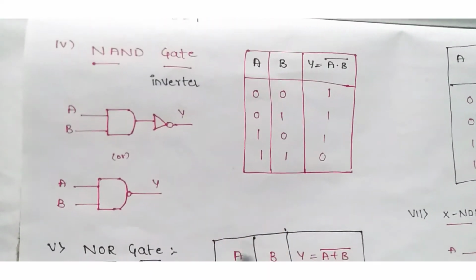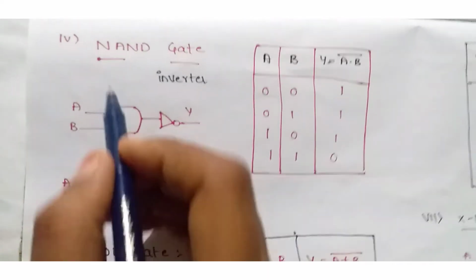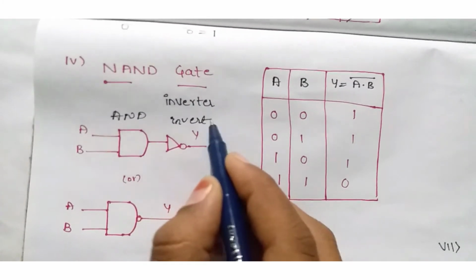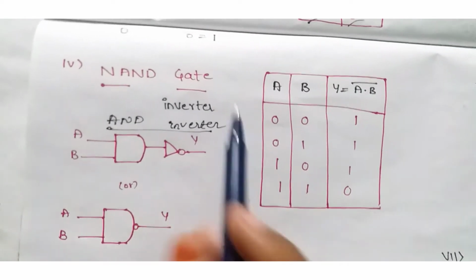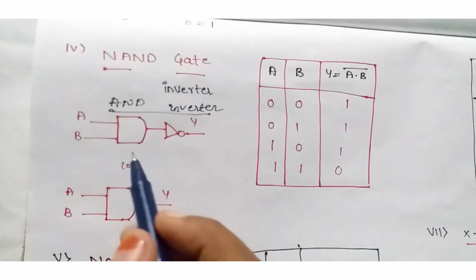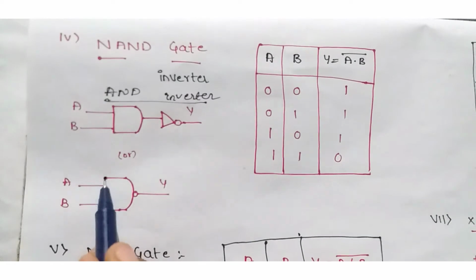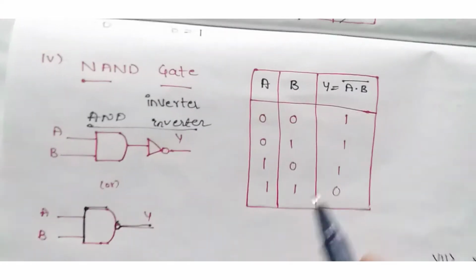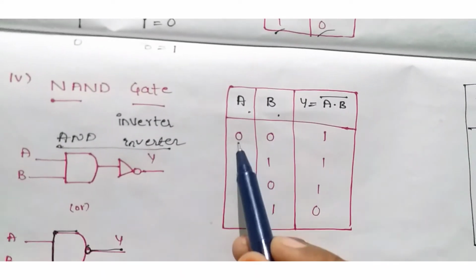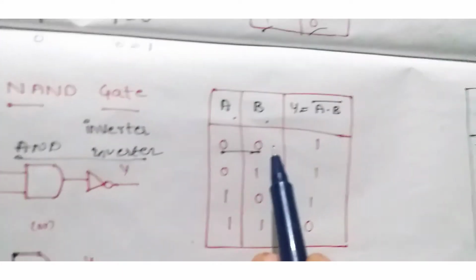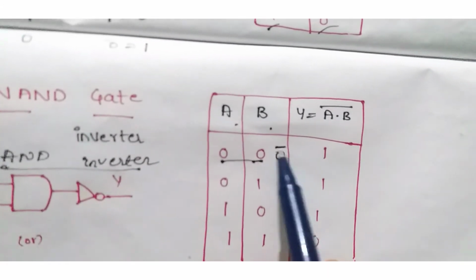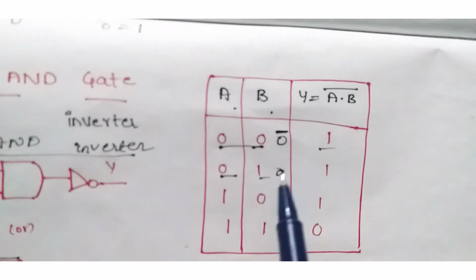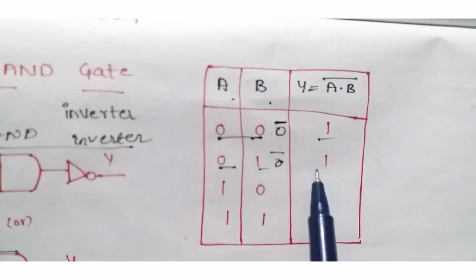Now let us see the NAND gate. It is the combination of both the AND gate and an inverter. Combining these two, we get the NAND gate. We represent it as the AND gate with a bubble. For inputs A, B, when multiplying we get 0, and applying bar we get 1.